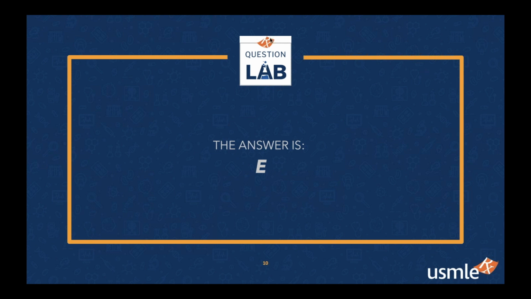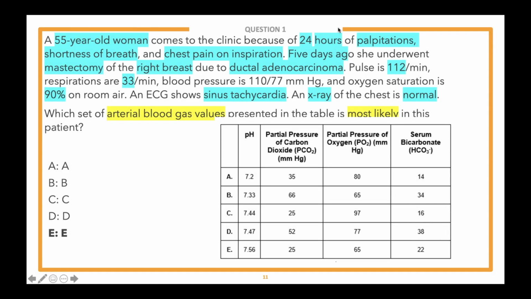Paris: Thank you, Sean. So great job, guys. This is a tough question, but let's take a look at what's going on. Hopefully you were able to pick up on that clue that this patient just had breast surgery, breast cancer surgery. Now she's hypoxemic, she's tachycardic, she's tachypneic, she's got shortness of breath, and she also has pleuritic chest pain on inspiration.